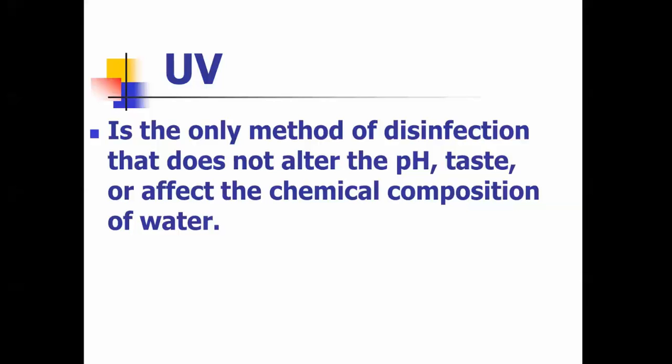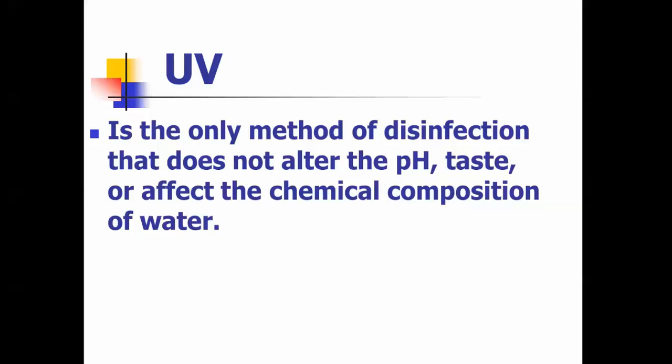Ultraviolet light can be sunlight, or it can be created through bulbs and lamps. It's the only method of disinfection that doesn't alter the pH of the water or the taste, or affect the chemical composition of the water. So UV is popular, especially with disinfection byproducts and trihalomethanes, because it doesn't create those.